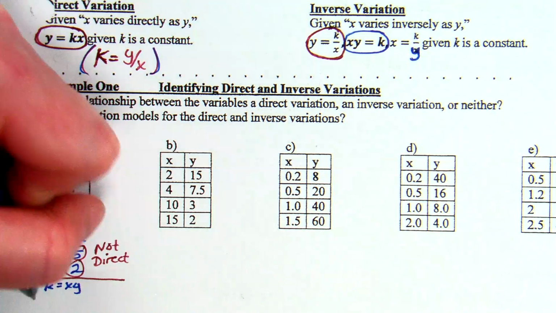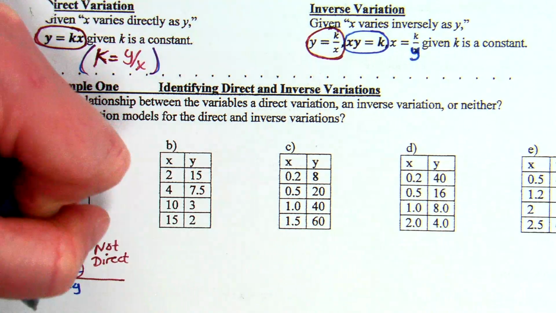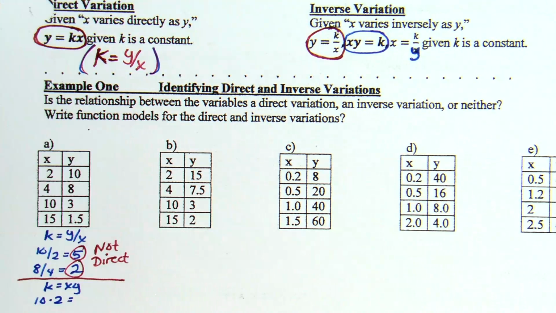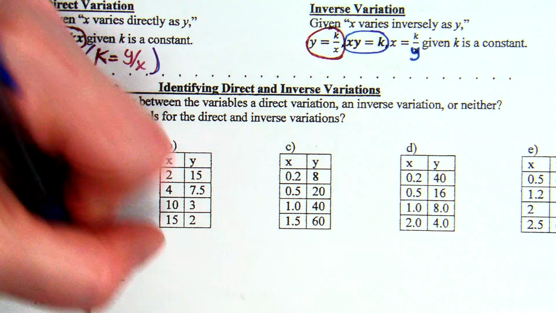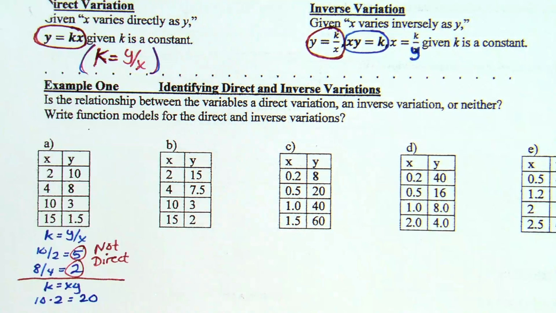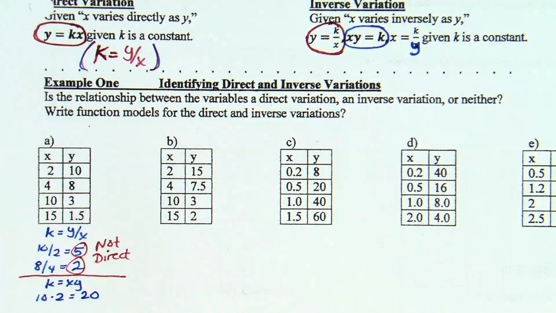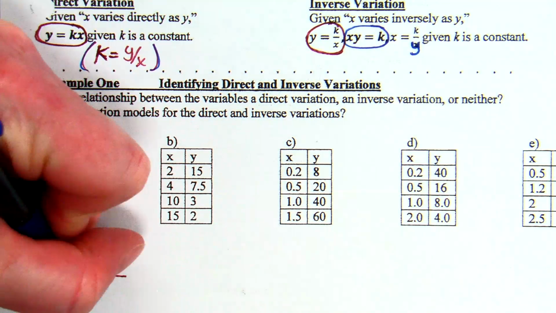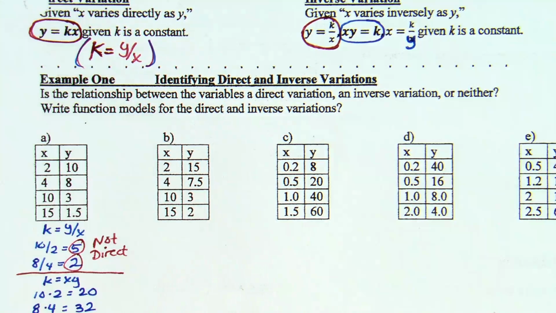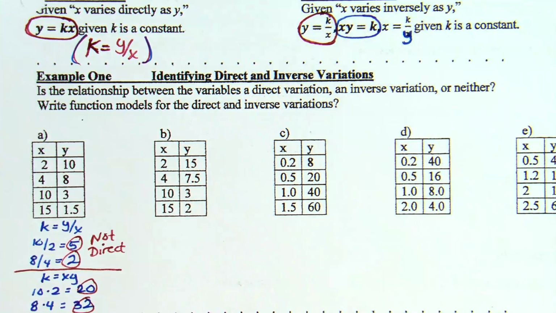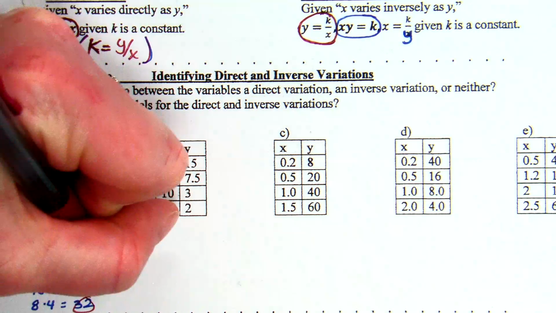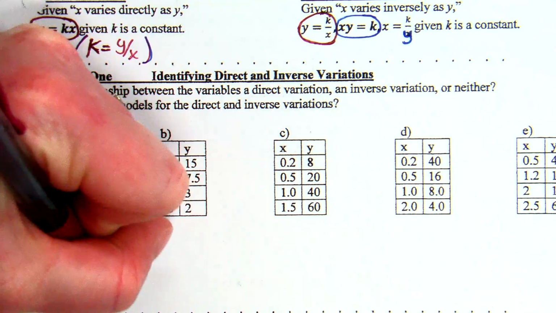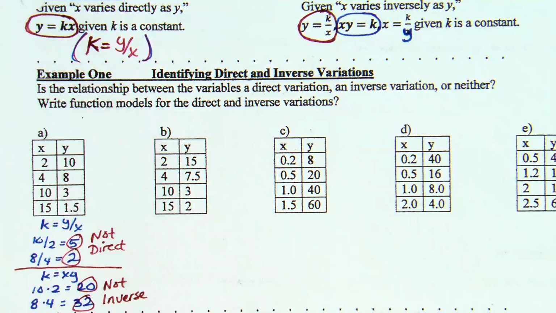My first set is 10 times 2, which is 20. And my next set is 8 times 4, which is 32. What do I know? Because 20 and 32 are different results, I know that this is not inverse variation. So what is it?